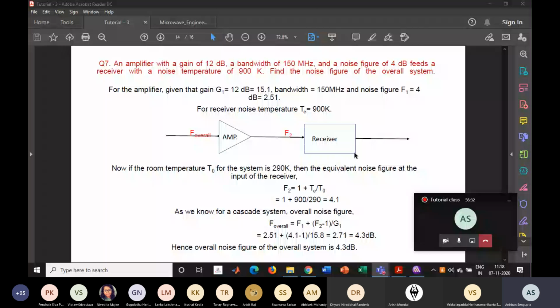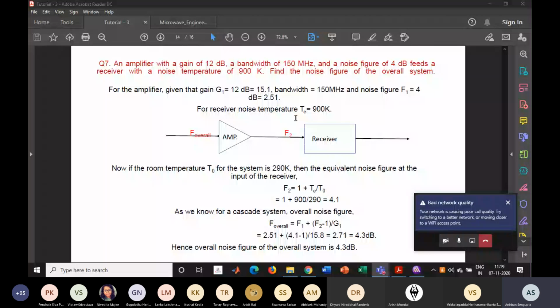And for the cascaded system, the overall noise figure equation is, if the first stage has noise figure F1 and gain G, then F1 plus (F2 minus 1) by G will be the overall noise figure of the system. We know F1 is 4 dB, which is 2.51, and F2 we found from this equation as 4.1, and G is 15.1.